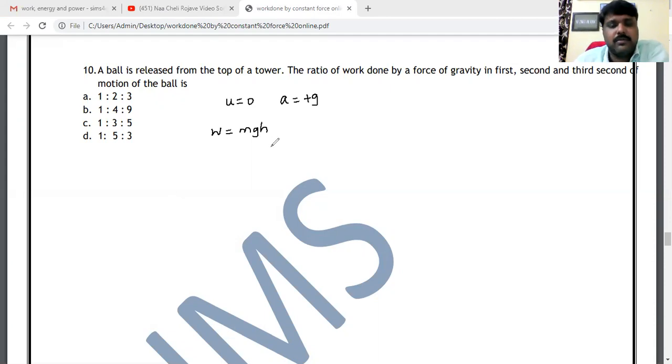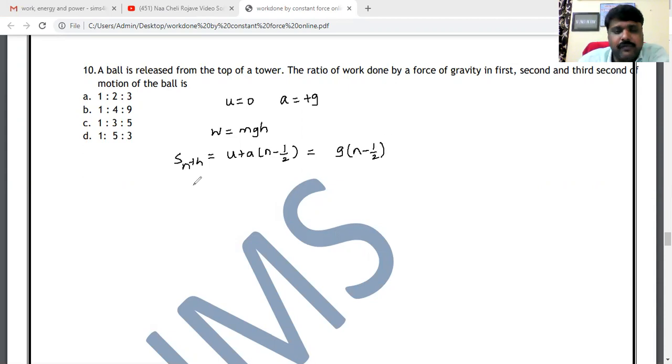Okay, let us find the potential energies of the object over here. That is W equals mgh in the first, second, and third second of motion of the ball. For the nth second, the formula we have is u plus a of n minus half. As u is 0 in this particular case and a value is g, we take n minus half.